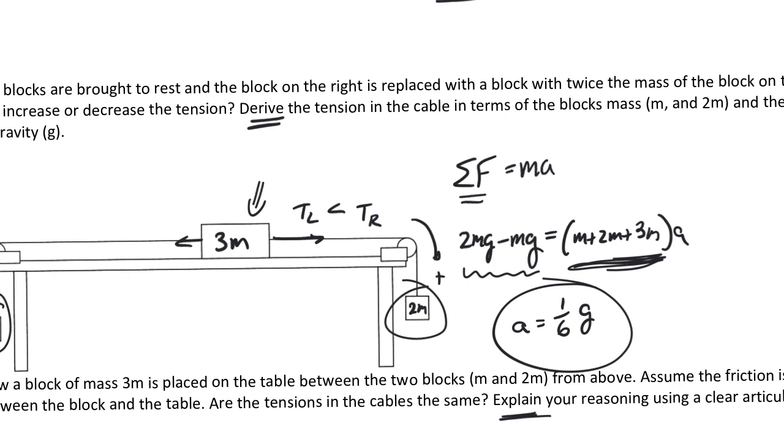So to me, a modified Atwood machine gives me the most possibility of getting out of you what I want, with a mixture of short answer responses and then some actual mathematics. So like this question is a good example of that. So you should imagine that although I have written questions that have all these things in it, I want to focus and I want to make sure I'm getting out of you this concept of unbalanced force and inertia.